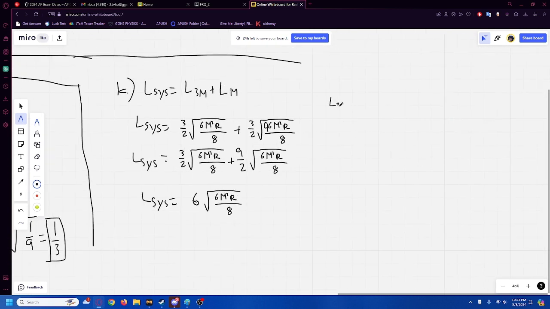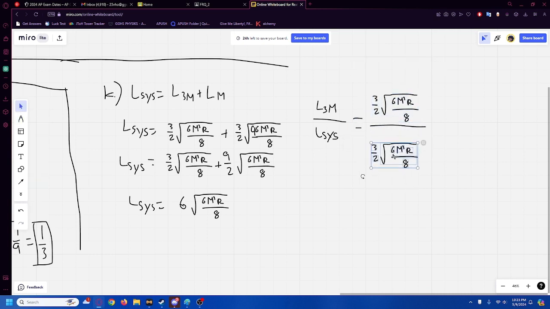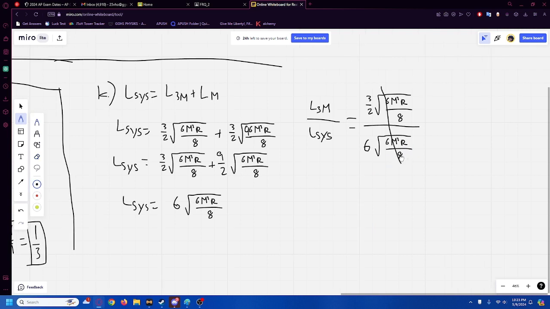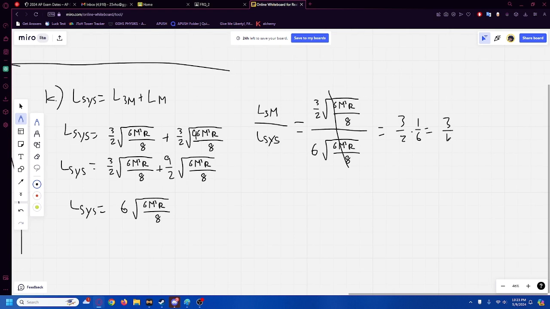So L_3m over L_system is equal to that over 6. All of this cancels out. So 3 halves times 1 over 6 is equal to 3 over 12, and it's equal to 1/4.